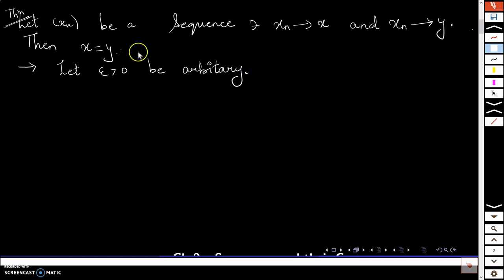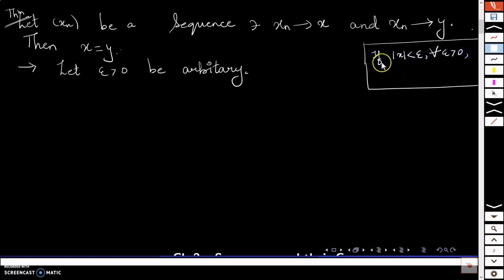Now to show that x is equal to y, I will use one of the results that we did in the first chapter, if you remember. This was one of the results in chapter 1: if modulus of x is less than epsilon for every epsilon positive, then I can say that this number x is equal to 0.